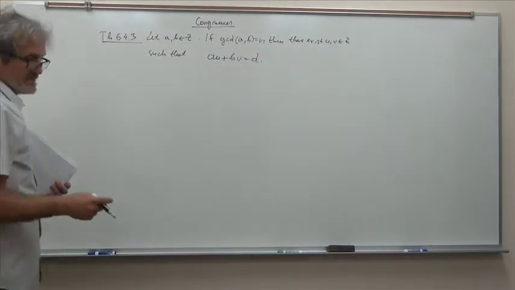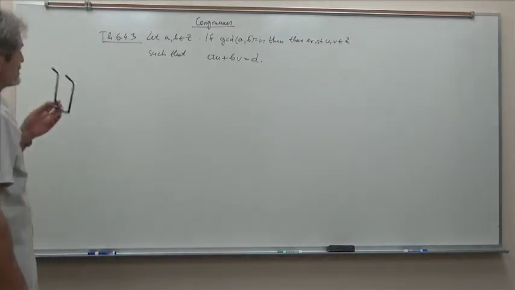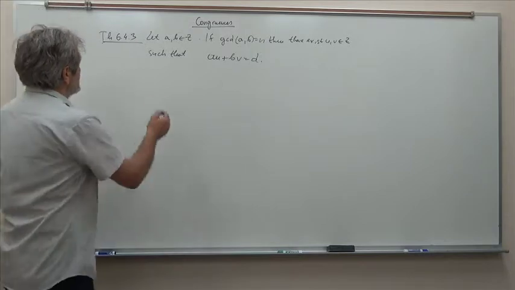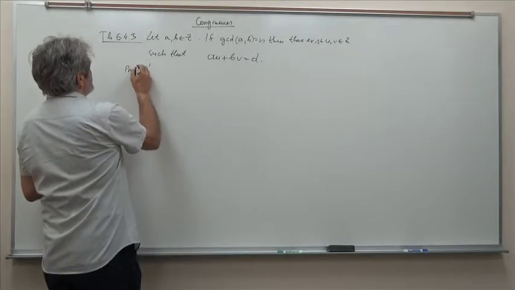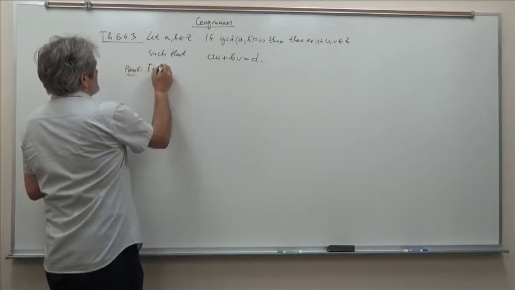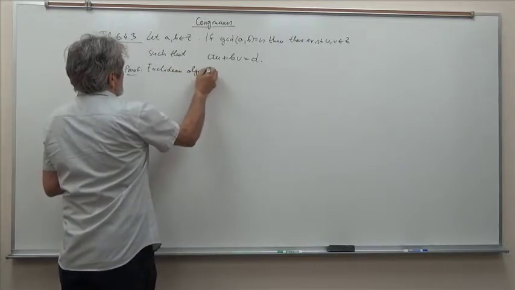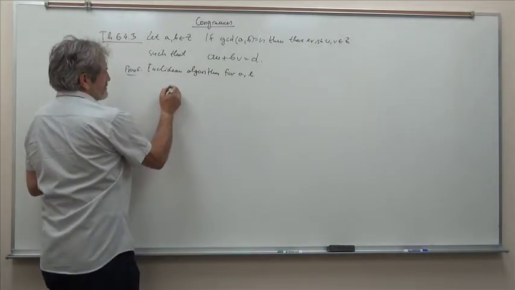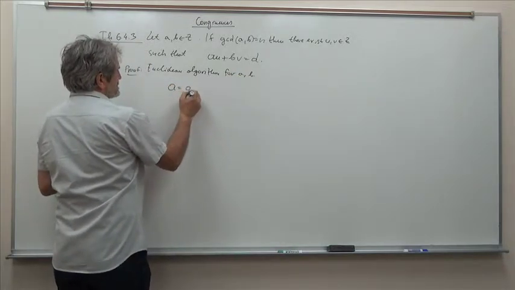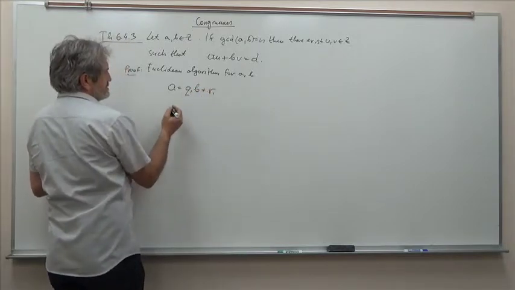So what would that be? A real proof would go by induction on the length of the algorithm. Generally, the whole idea is the following. Let's use a proof. If you look at the Euclidean algorithm for A and B, it looks like this. A equals Q1B plus R1.